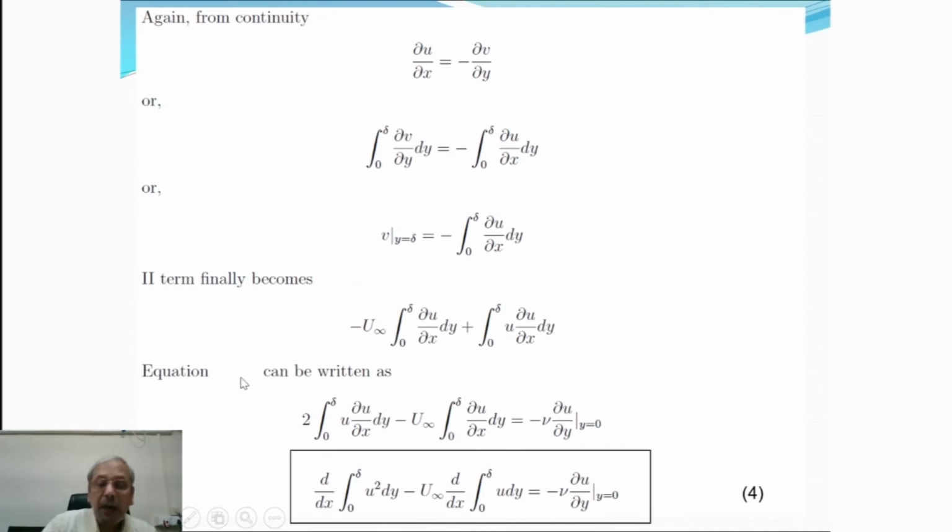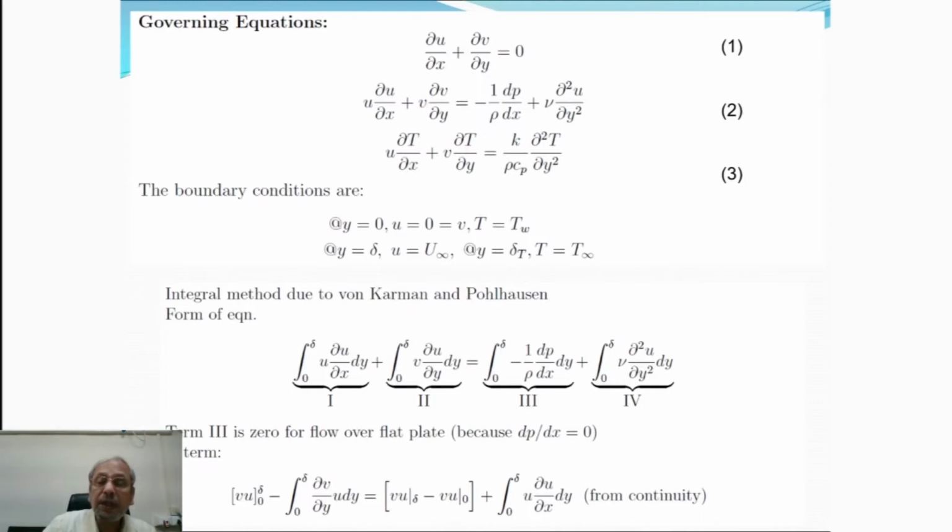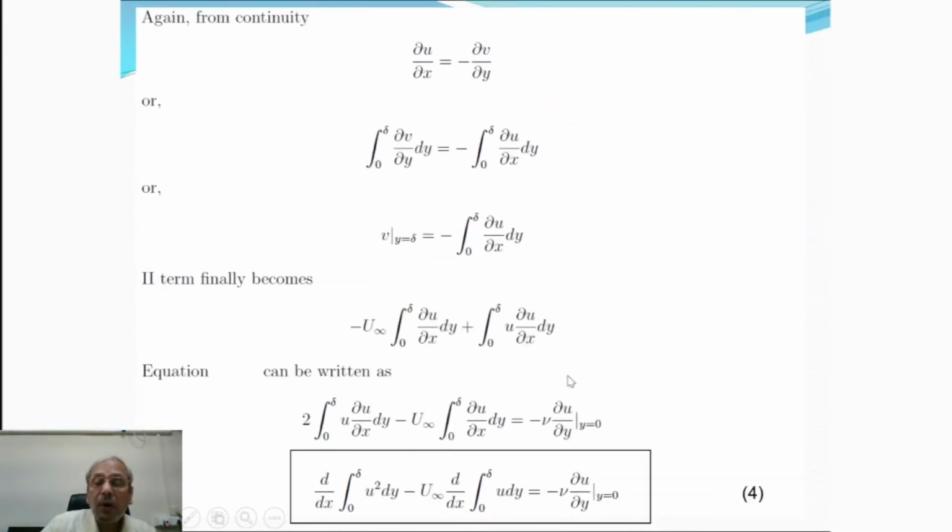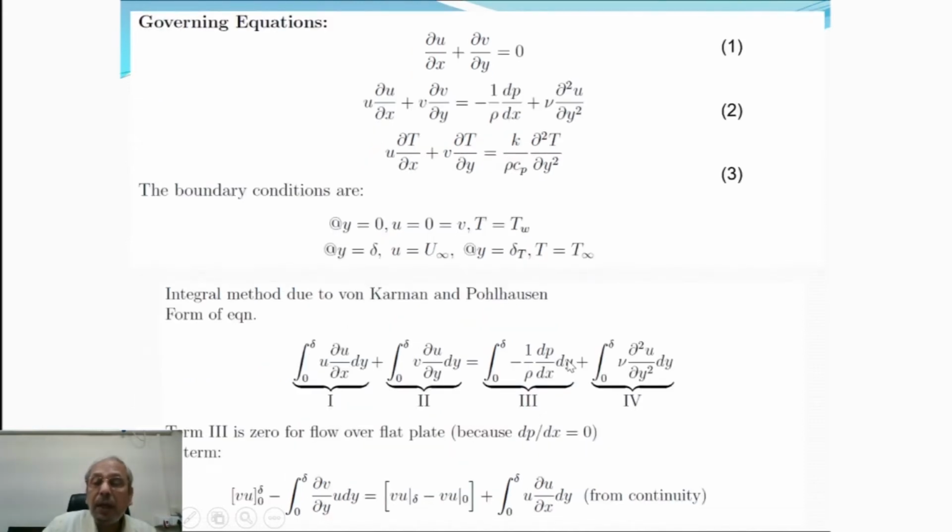So this equation now we have got. This term remains as is. This term is 0, and on the right hand side, if we integrate, we will get nu ∂u/∂y at y equal to delta minus y equal to 0.